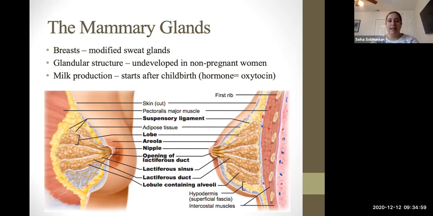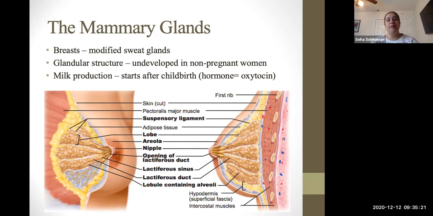However, when a woman starts to see a significant increase in her estrogen and progesterone levels in the early stages of pregnancy and throughout the pregnancy, it enhances the glandular structures to start to produce milk.